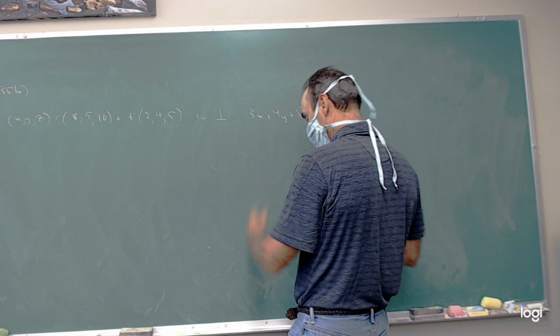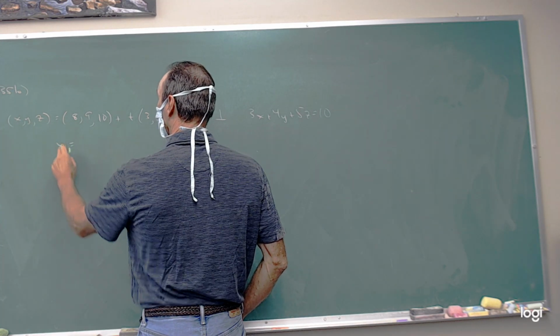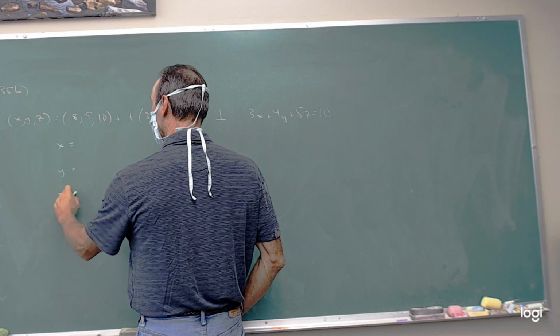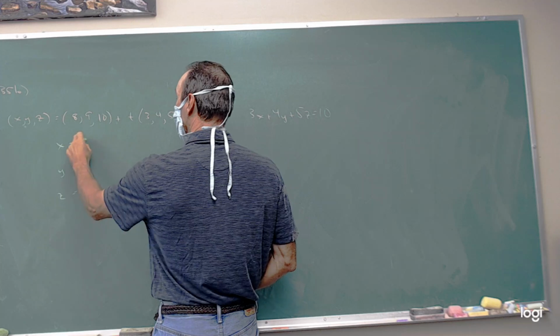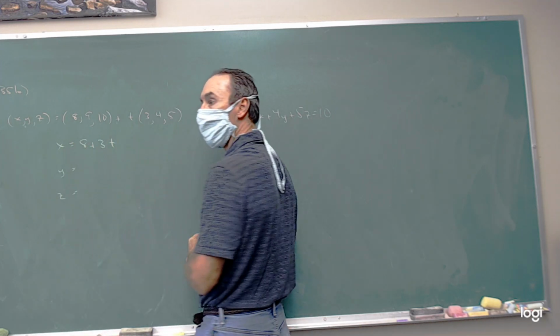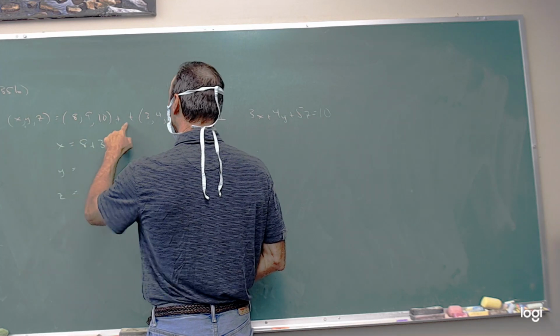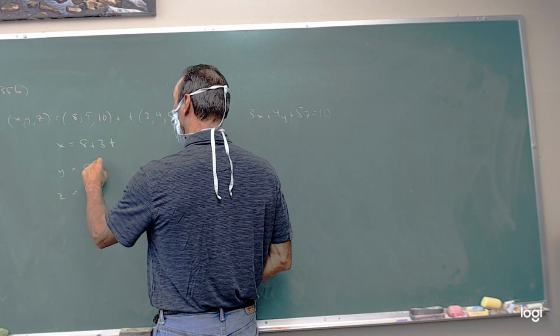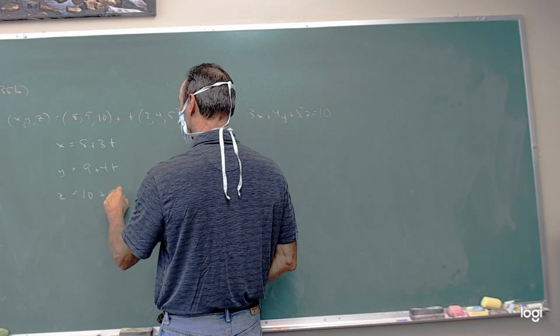So if you look at the x, the y and the z, we can separate them out. The x is going to be 8 plus 3t. The y is going to be 9 plus 4t. And the z will be 10 plus 5t.